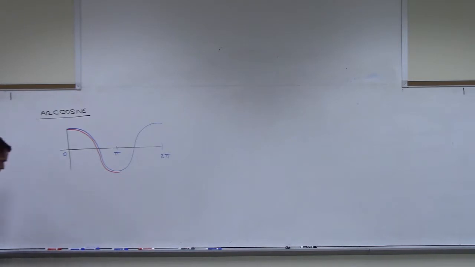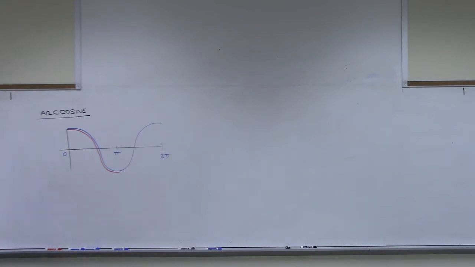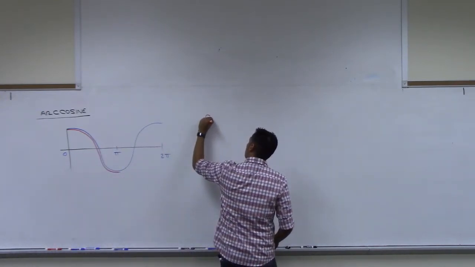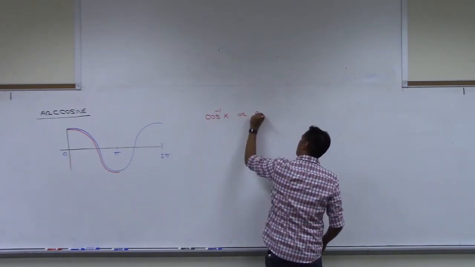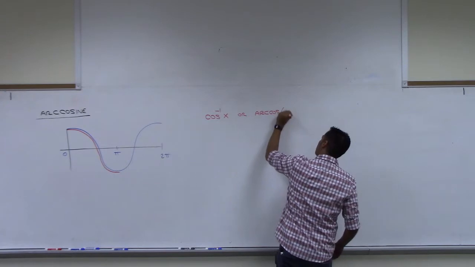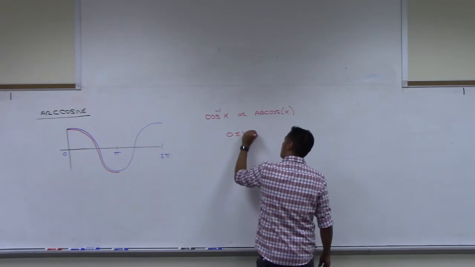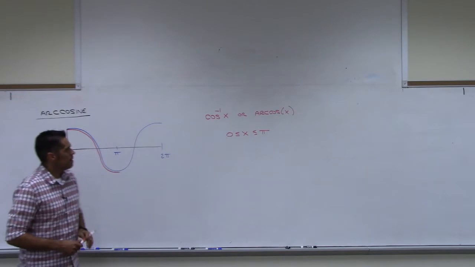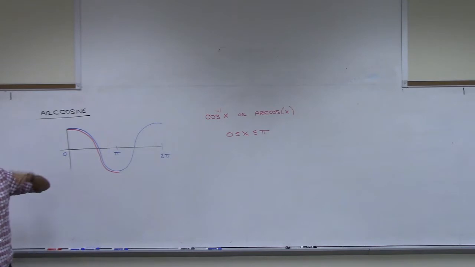So what quadrants are we going to be on? Same quadrants on the unit circle with cosine? Our restrictions are going to be different now because arc cosine is 0 to pi. It's written this way, arc cosine of x, and the output is only between 0 and pi, which is actually which quadrants of our circle?